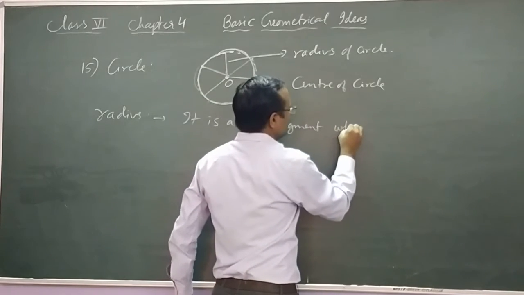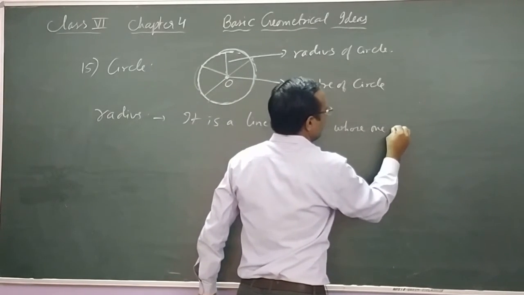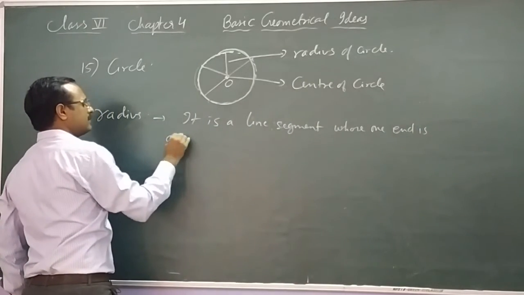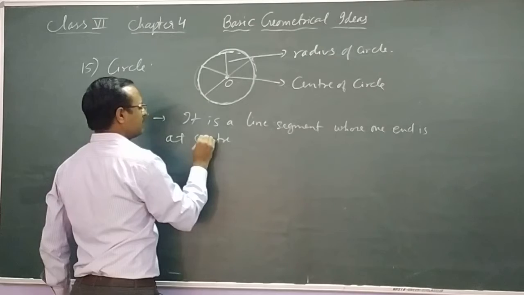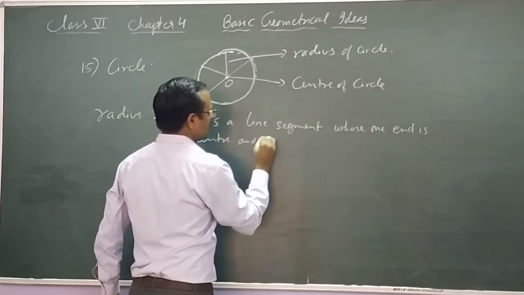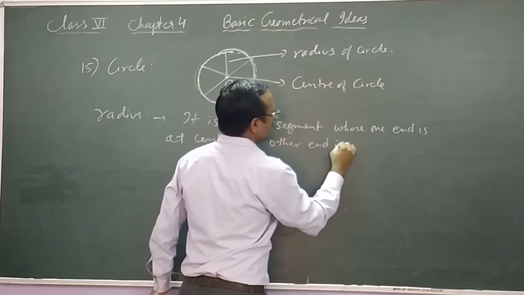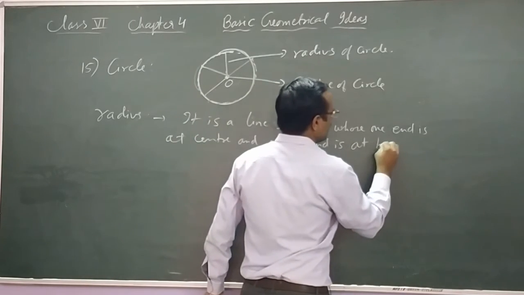whose one end is at the center and the other end is at the boundary of the circle.